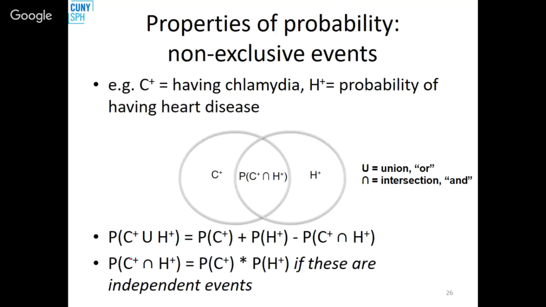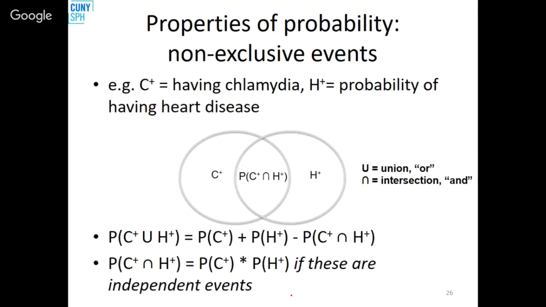And that intersection, the probability of having chlamydia and heart disease, is equal to the product of those two events if they are independent. So if having chlamydia has no bearing on having heart disease and vice versa, then your probability of having both is just the probability of having one times the probability of having the other.